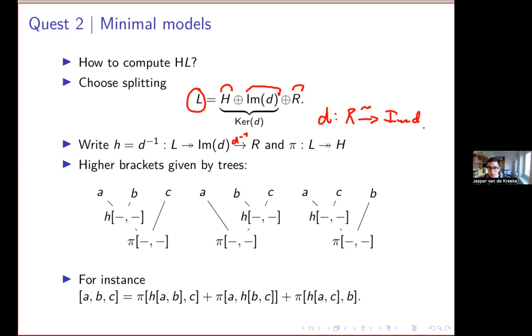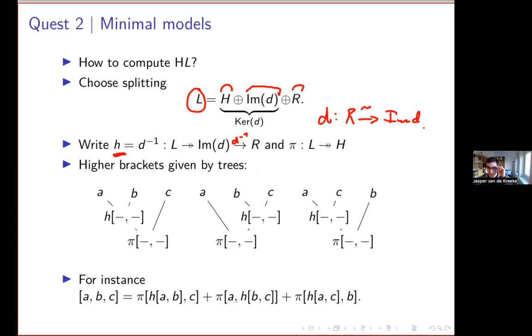This we call the co-differential H. So H is just the opposite of D on the part of the image. And pi, we call it the projection from L to H.